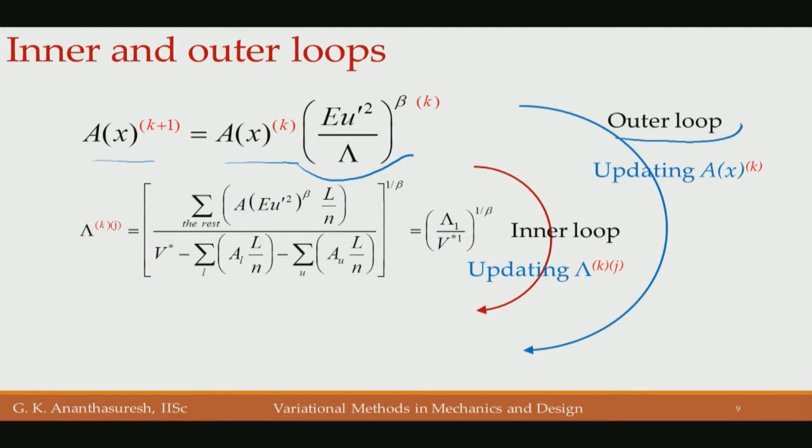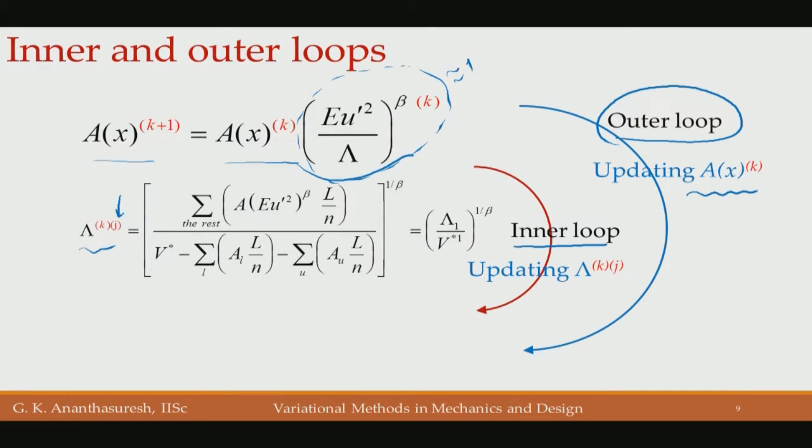This is our outer loop to update A. When A k and A k plus 1 become equal, meaning this what multiplies it becomes equal to unity as we have said, then we have converged, right. But then inner loop is needed, that inner loop to update the lambda. So, we have another index j here to update lambda.